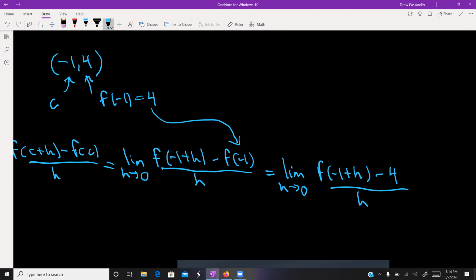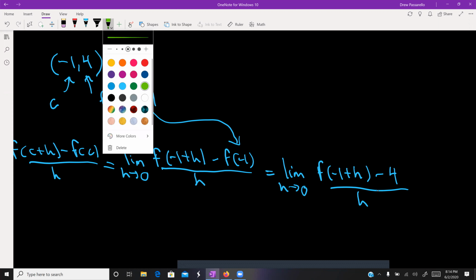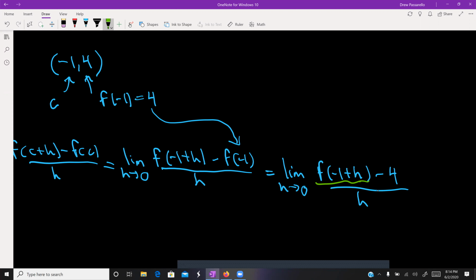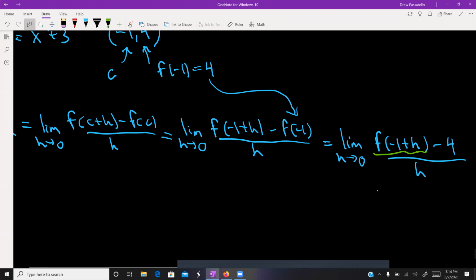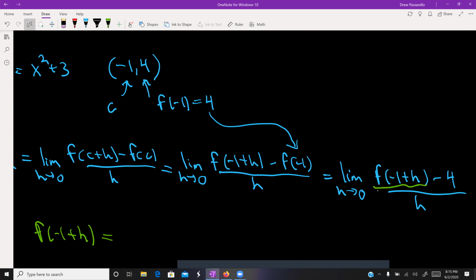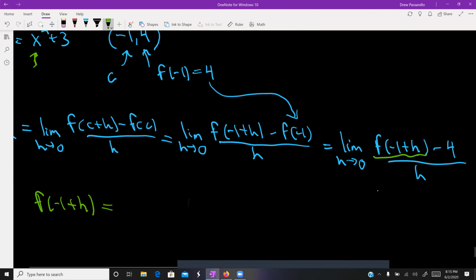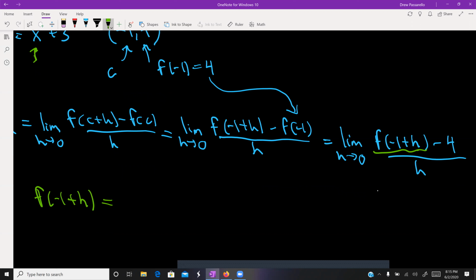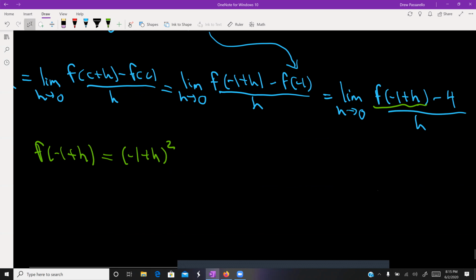I'm going to find f of -1 plus h off to the side like I've been doing. My input is -1 plus h, and I just plug -1 plus h in for x into the equation. So x squared is going to be (-1 plus h) squared, and then plus 3.